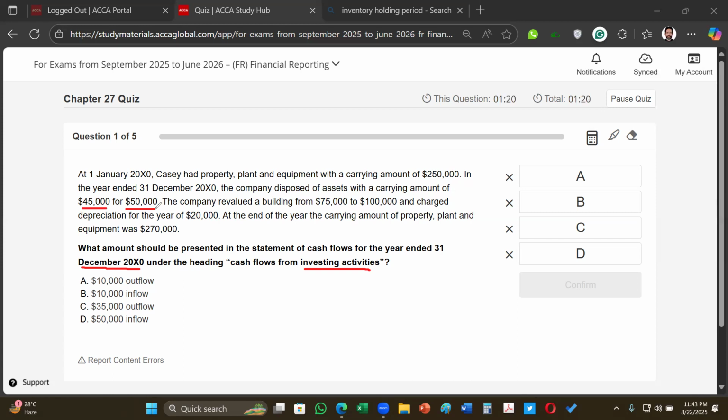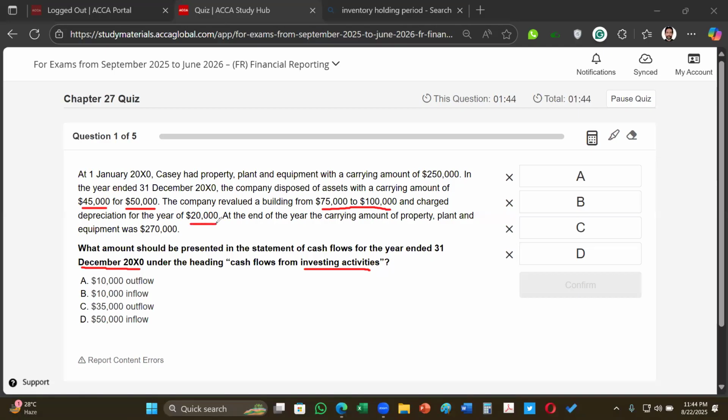And the company revalued a building from 75 to 100,000. So this is a revaluation of 25,000. Here we had this item that had a carrying amount of 45, which was sold for 50, and charged depreciation for the year of 20,000.